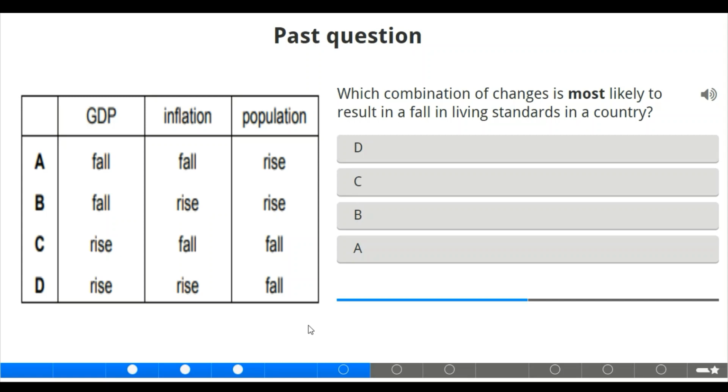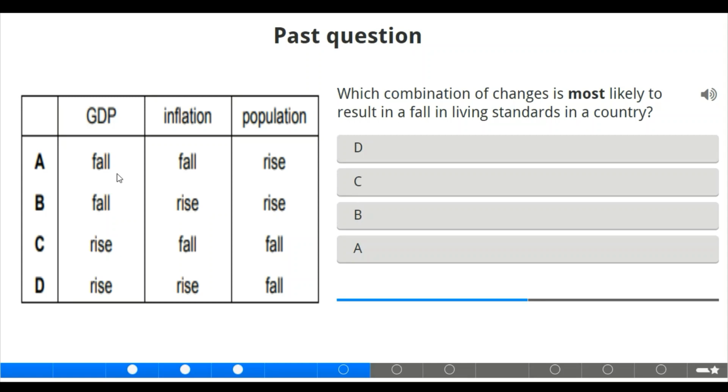Now, what can be the combination of changes in the country to help us know if there is a fall or a rise in living standard? Of course, we are supposed to use the measure of living standard. If there is a fall in GDP per capita, the living standard will also fall.